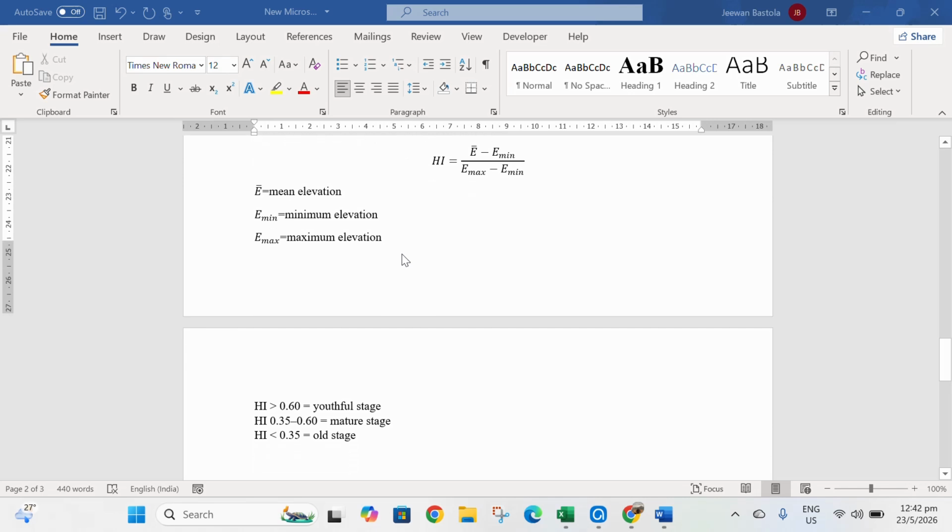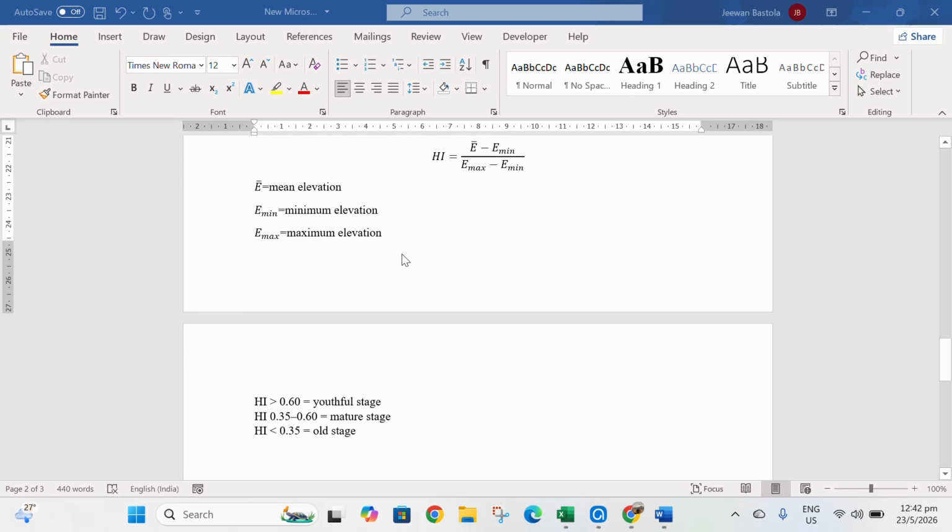If the HI, that is the hypsometric integral, is above 0.6, then it is in youthful state. If it is between 0.35 and 0.6, then it is in mature state. And if it is less than 0.35, then it is in old stage.